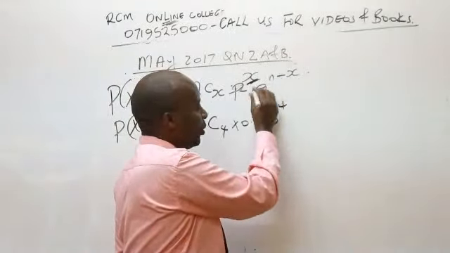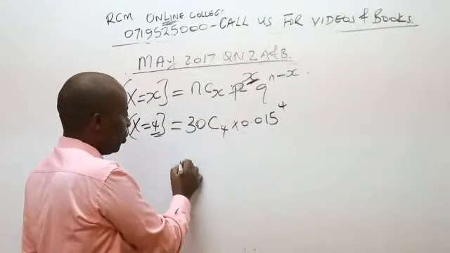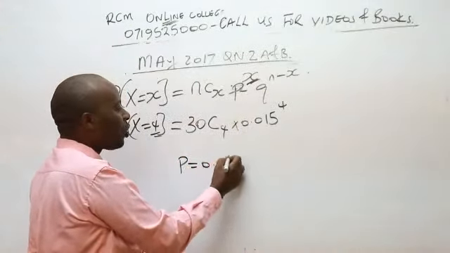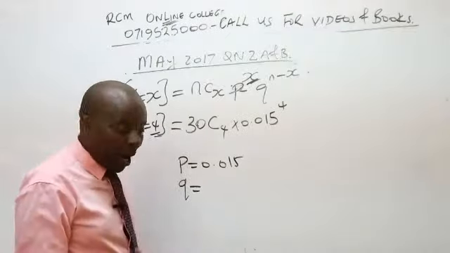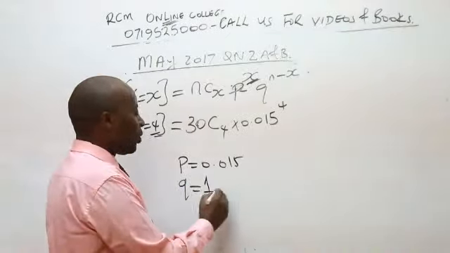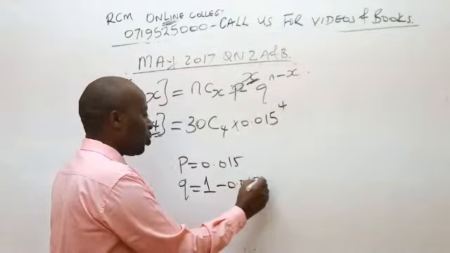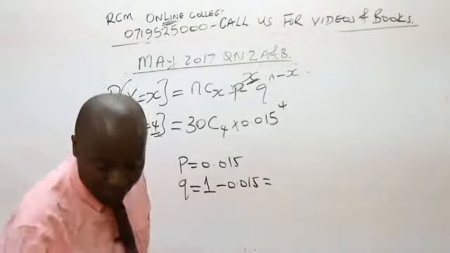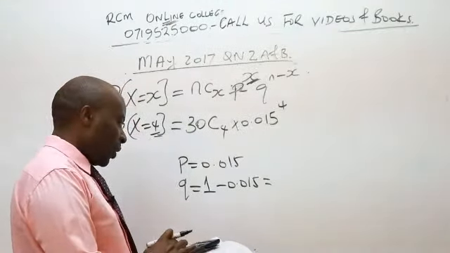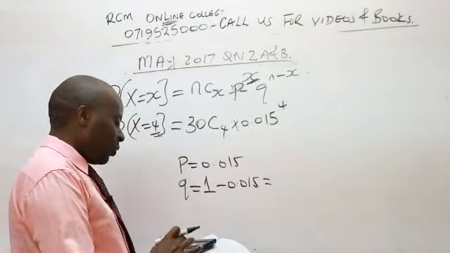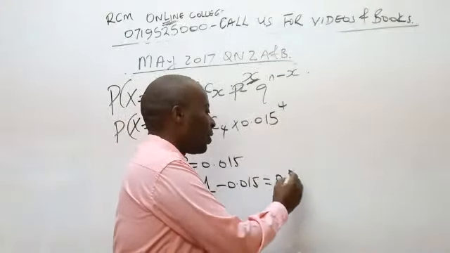And then we have q. I forgot to tell you that if p is 0.015, then q, given that the 2 must always add up to 1, to get q, what I need to do is take 1 minus 0.015, which is 0.985.